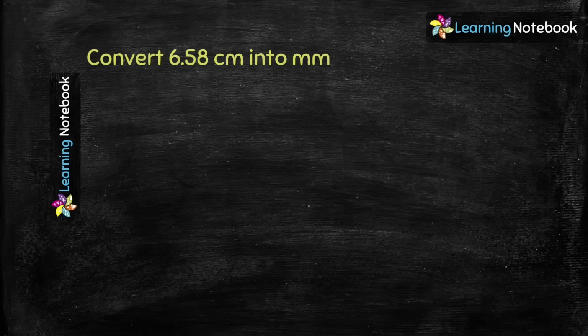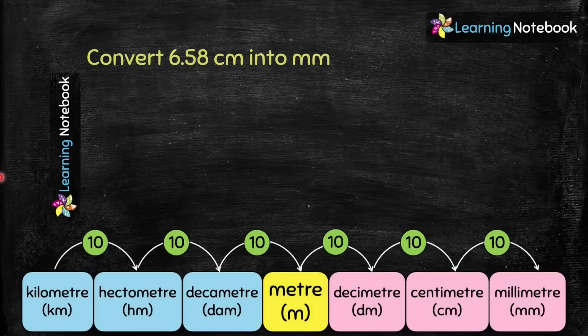Convert 6.58 centimeter into millimeter. So here we are converting a higher unit centimeter into lower unit millimeter. So how many times do we need to jump here? Only once. So it means 1 centimeter equal to 10 millimeter.